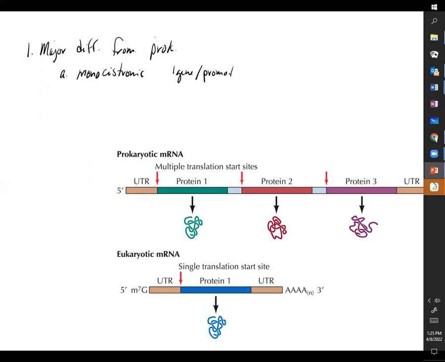Nothing's transcribed together. So here's a polycistronic, which you might see in prokaryotes, but in eukaryotes, you've got a single protein coding region per RNA transcript. Generally, eukaryotic gene transcription is positively regulated. So positive regulation is the primary mode of transcription regulation.